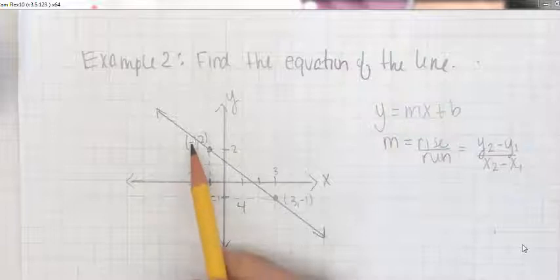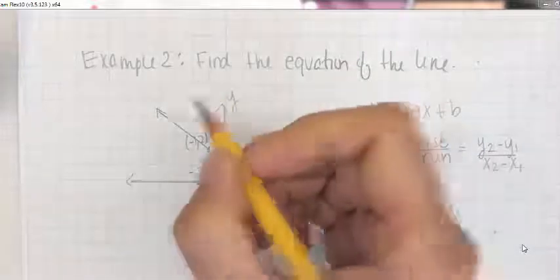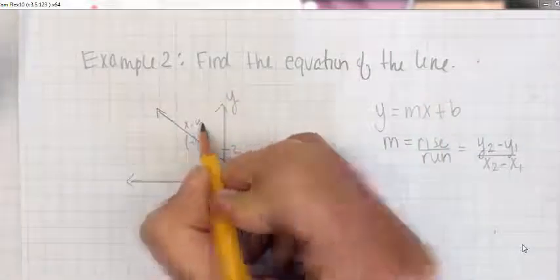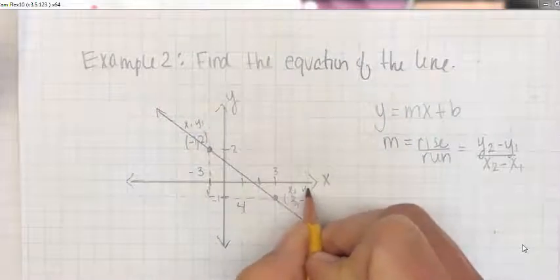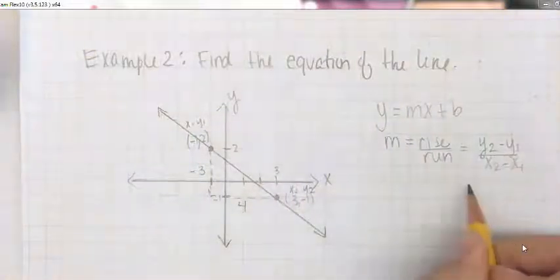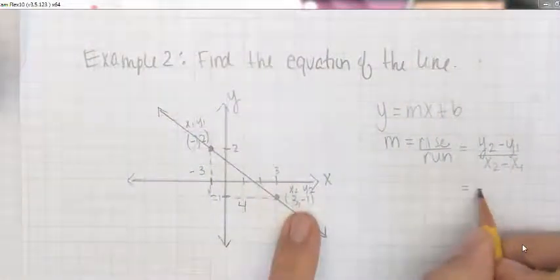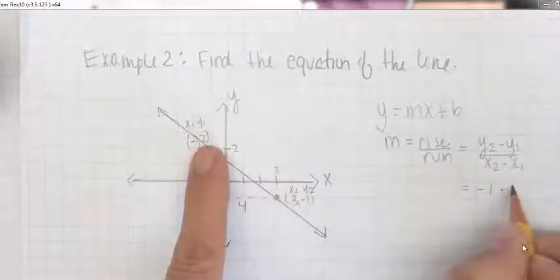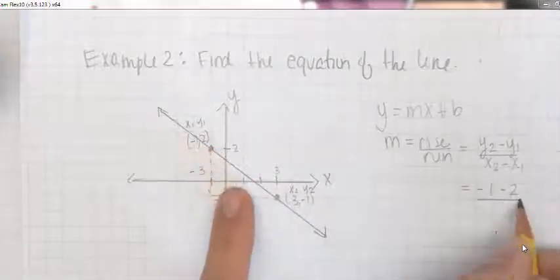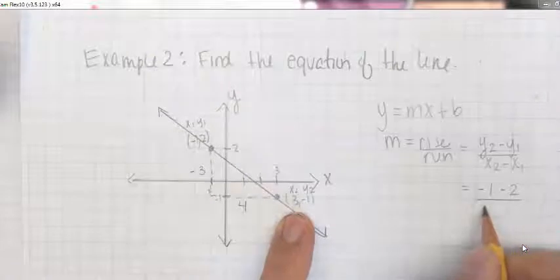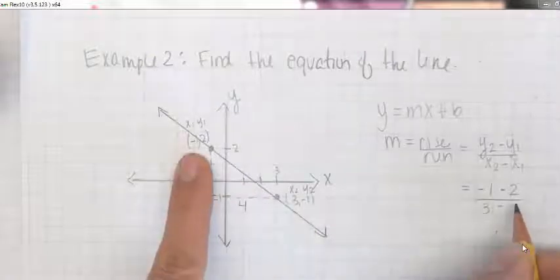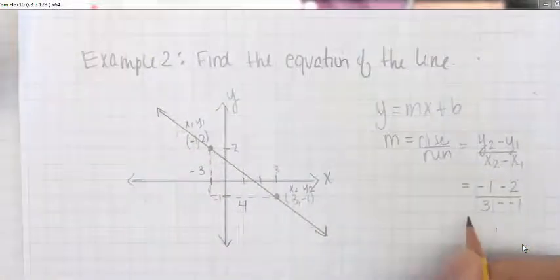The other way of doing it is to take these 2 points, call one of them x1, y1, one of them x2, y2, and subtract them. So y2 is negative 1 minus y1, which is 2, all over x2, which is 3, minus x1, which is negative 1.